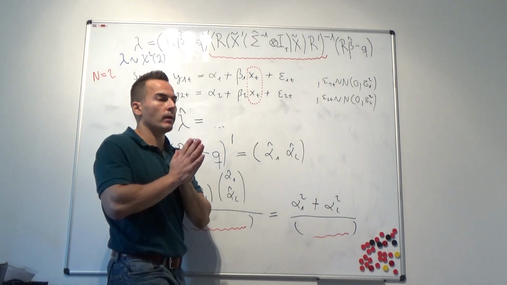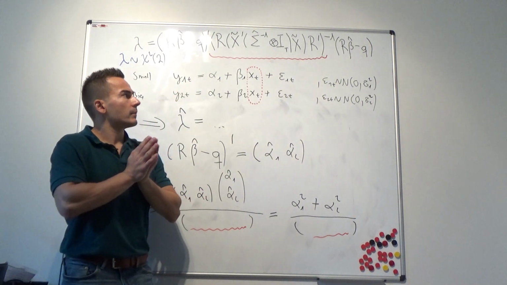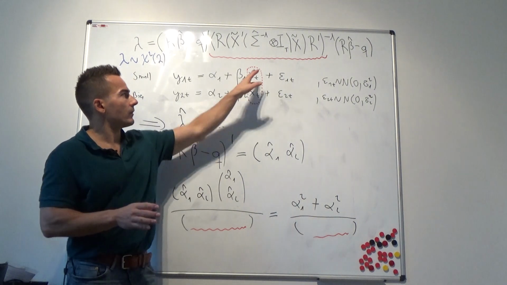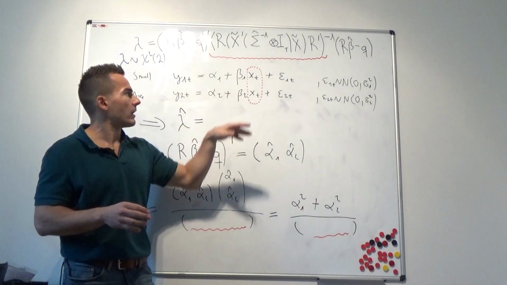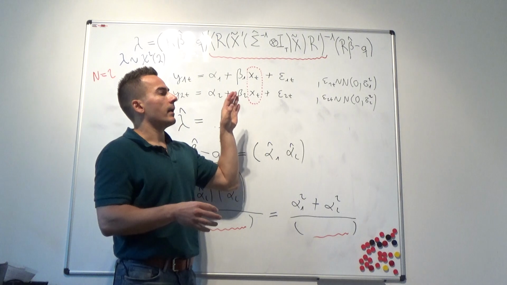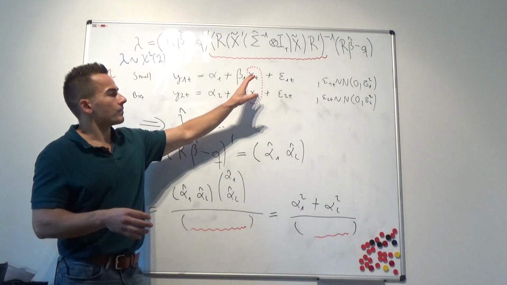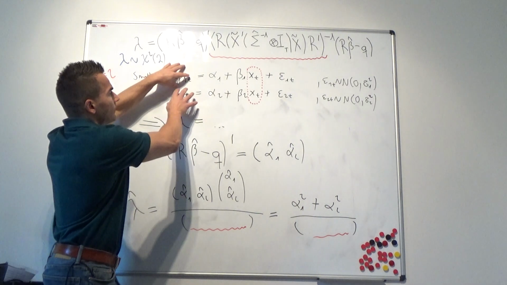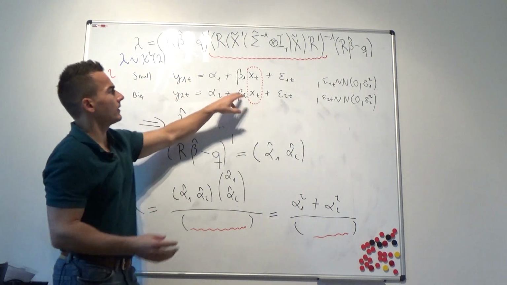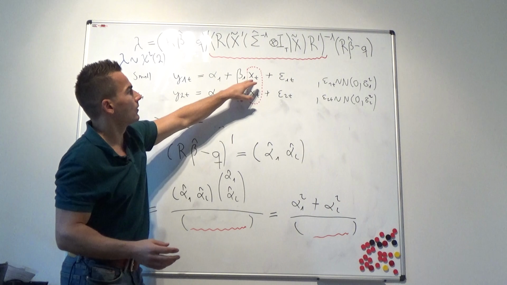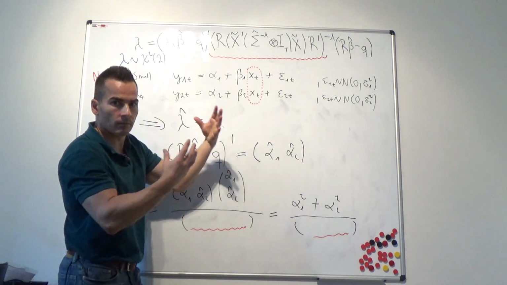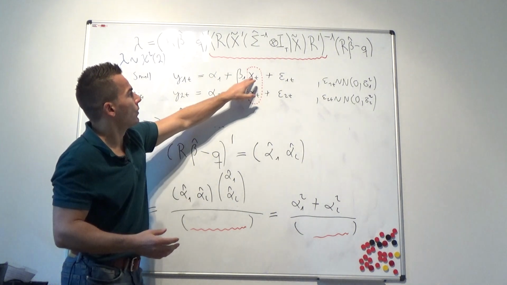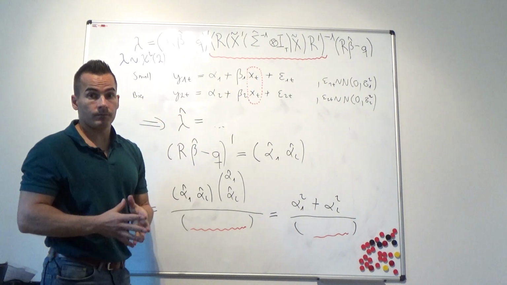So basically, we want to test if our assets on the left hand side have a significant exposure to the regressor, our market factor or whatever we have here as a regressor, if they are significantly correlated with the regressor.